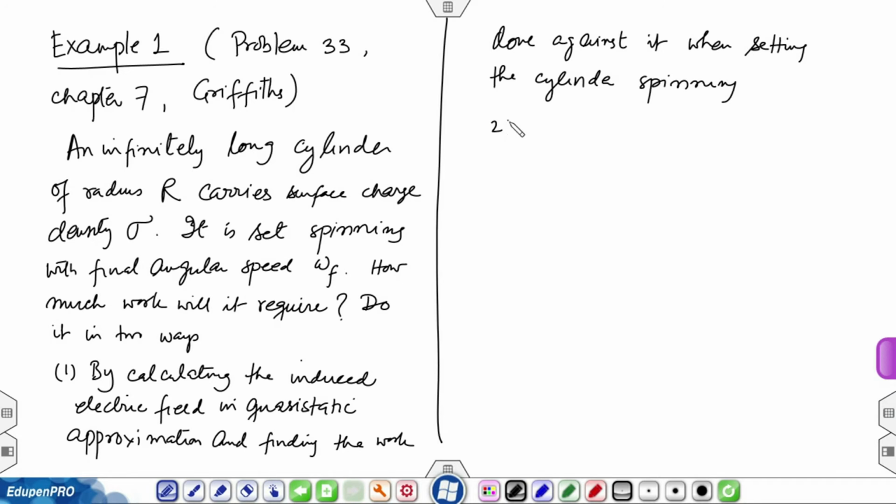And the second way is by finding the total energy.